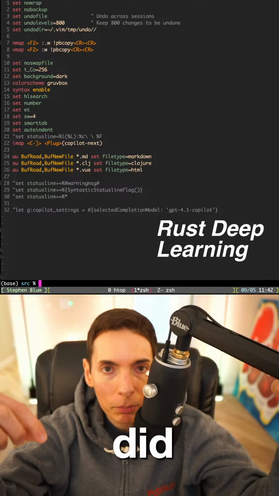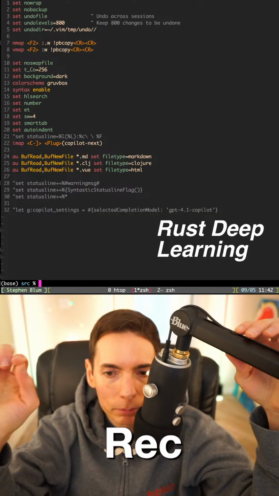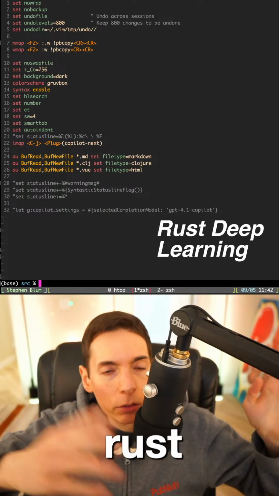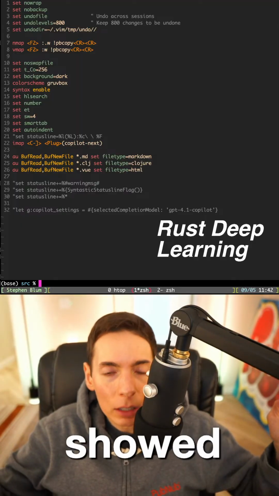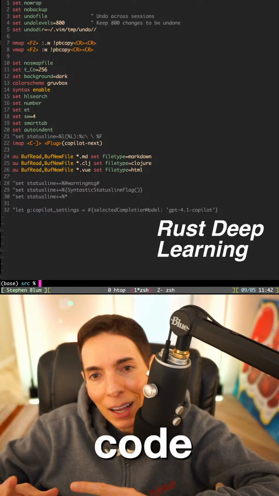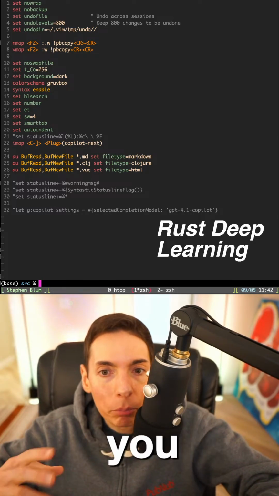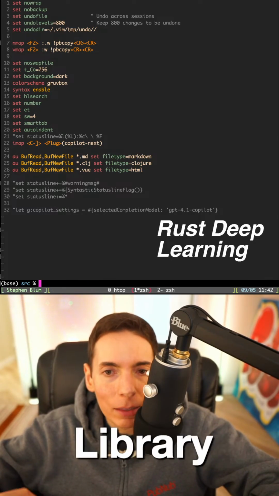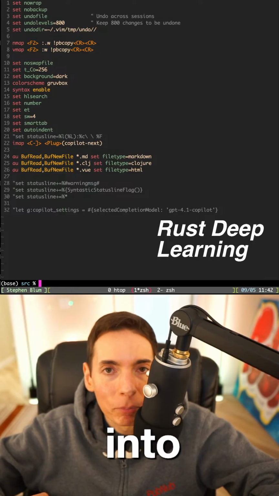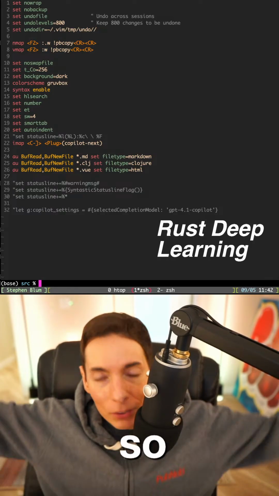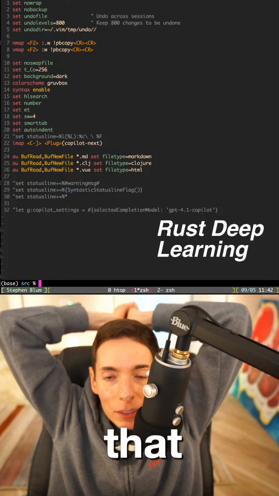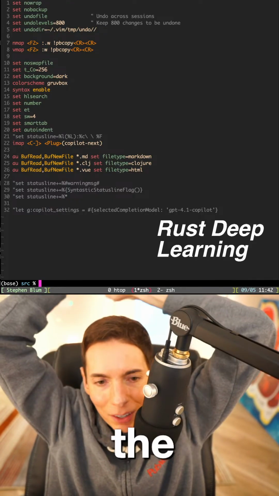We did another stream recently where we showed how you could use Rust in any other language. Basically, we showed how to use it in Python. So you can write your code in Rust and then call it from Python, for example, by compiling a Rust library and then importing it into Python. So basically, if you want to use Rust, you can do that with any language for the most part. If that answers your question.